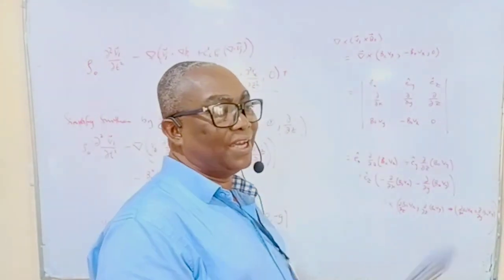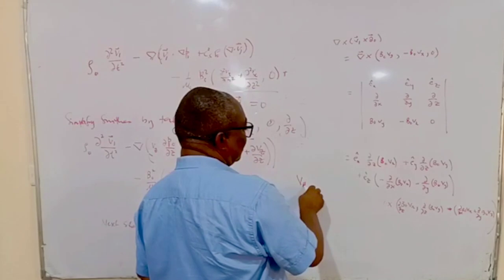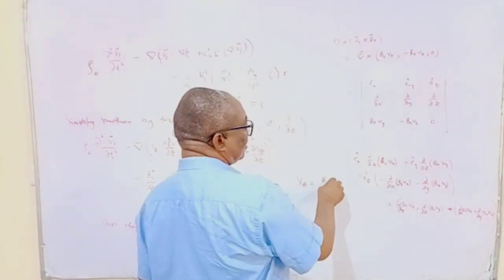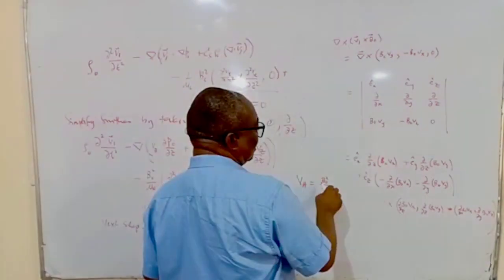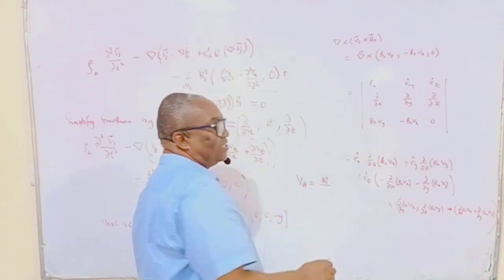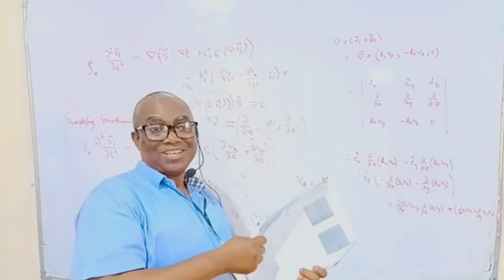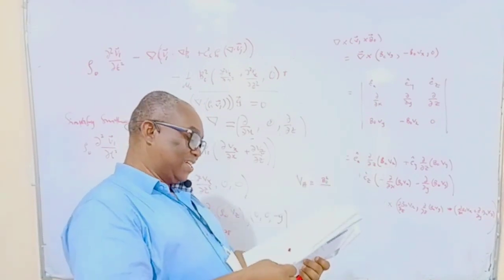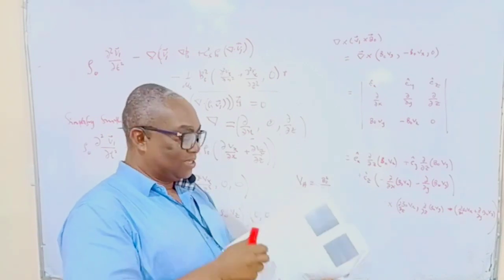What is our VA? What is it? Is it B naught squared over what? How did we define Alfvén speed? By now you should know it.